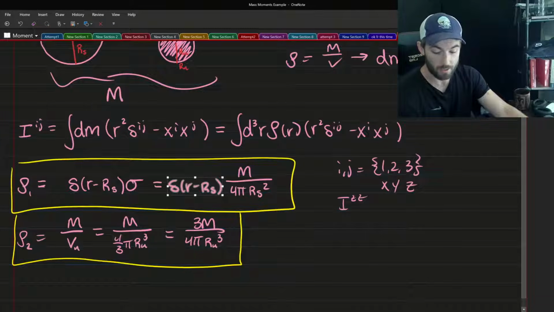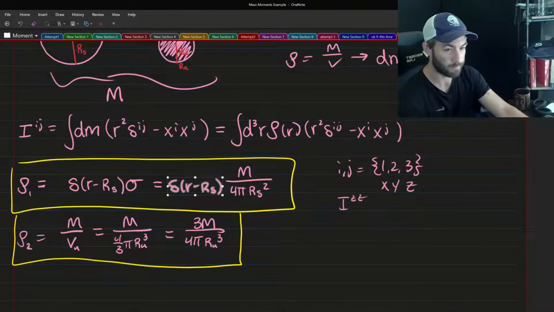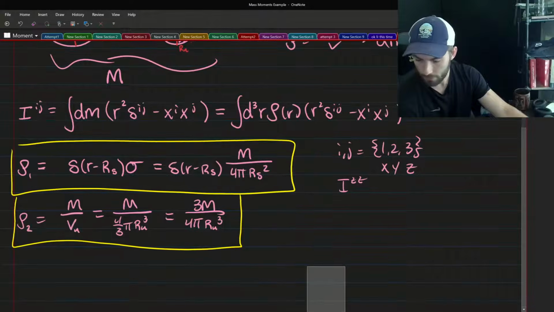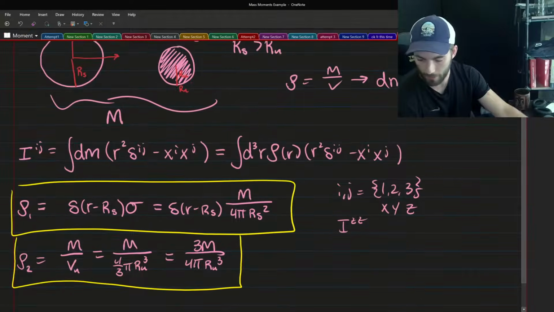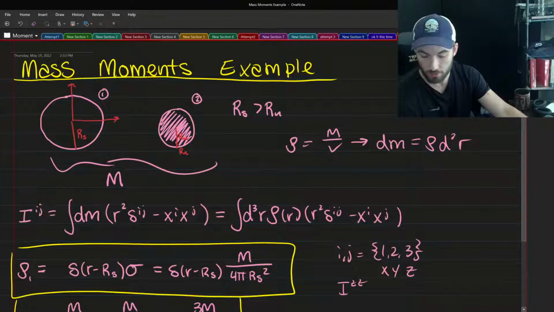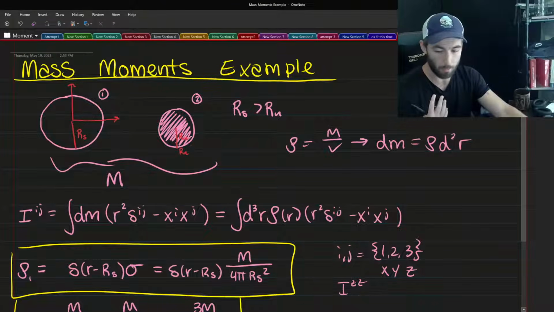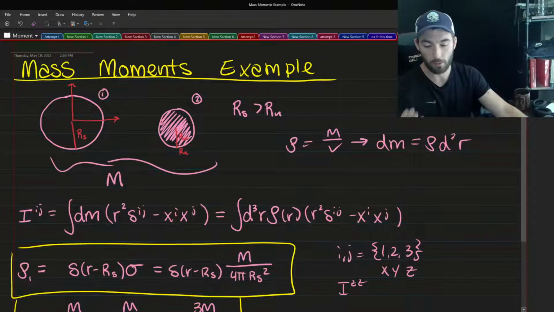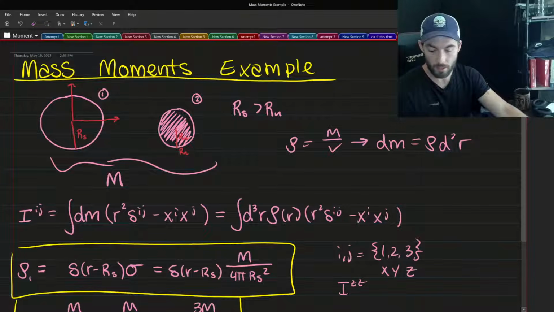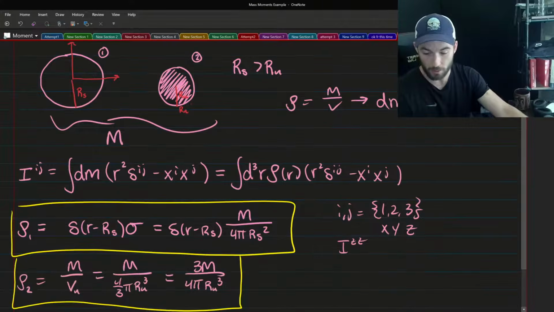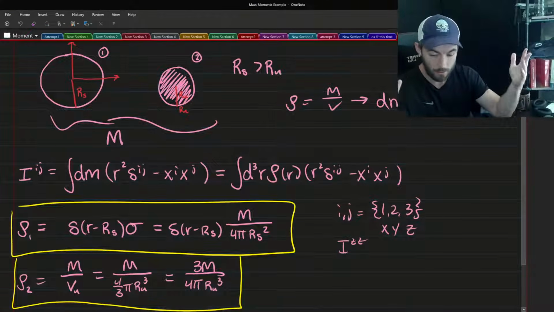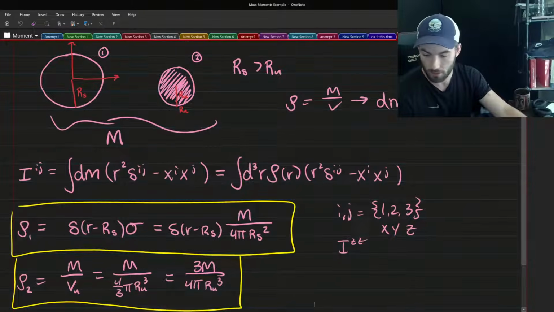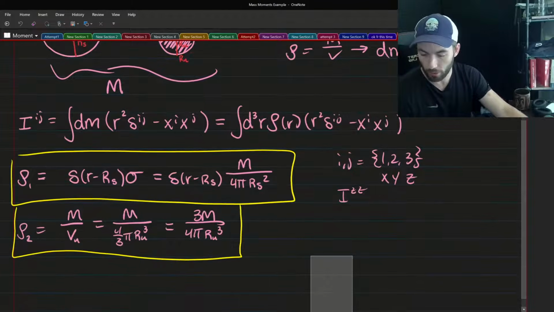So these do have the same units. Okay, now that we've got our mass densities, that's kind of the hard part here. The hard part is just trying to figure out how do I parameterize the mass density. Now that we've done that, the rest is just doing the integral, or the integrals. So let's plug this in.